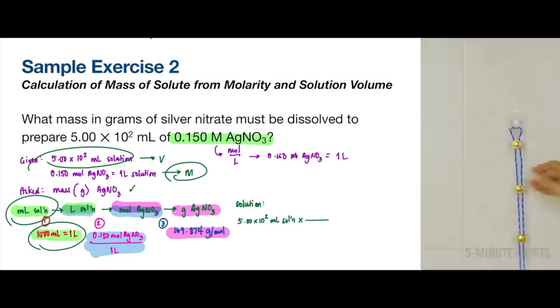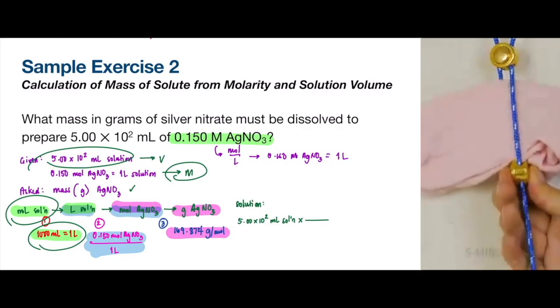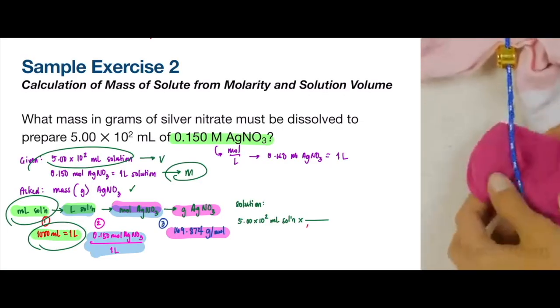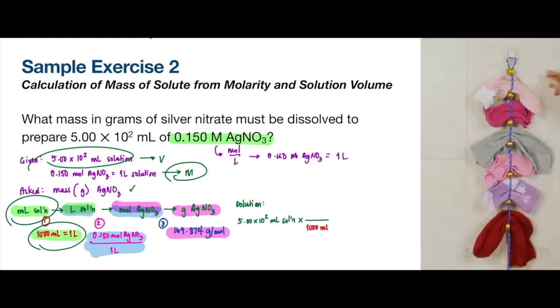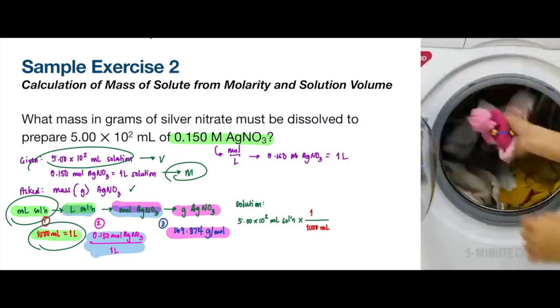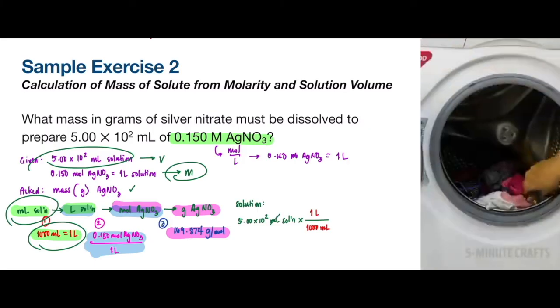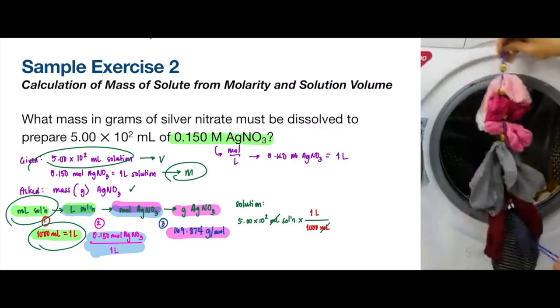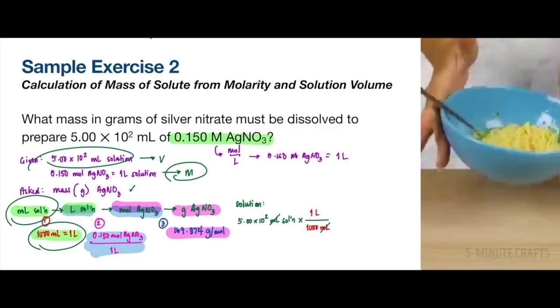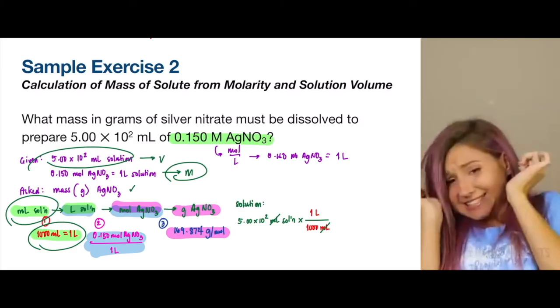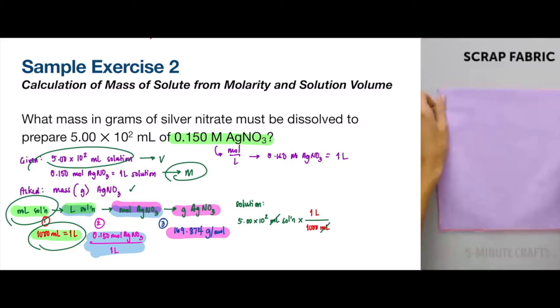Since the current given unit is in ml, my denominator will be 1000 ml and my numerator will be 1 liter. As you can see, I can already cancel my ml units, and the current unit is already in liters. Now we're done with step 1.